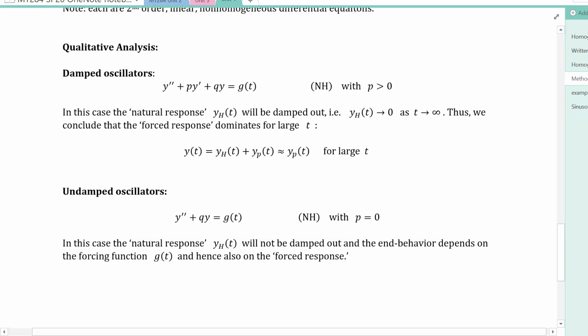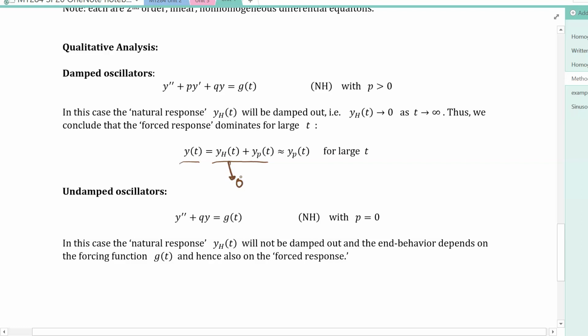If we're talking about a damped harmonic oscillator, then when we look at the solution y of t, which will be a sum of the homogeneous plus the particular solution, if there's damping in there, what we're going to find out is that the damping is going to make the natural response approach 0 as t goes to infinity.